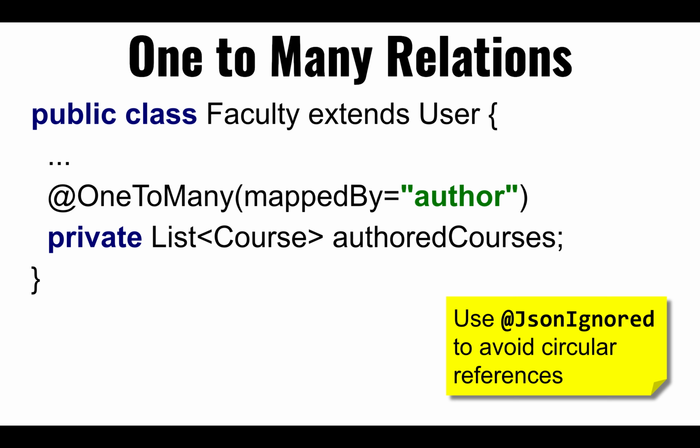We could have a faculty table and a courses table. You have a record here that is faculty 1, and here you could have several courses, course 1, course 2, course 3, all of them somehow related to this one faculty. That's what we want to implement.